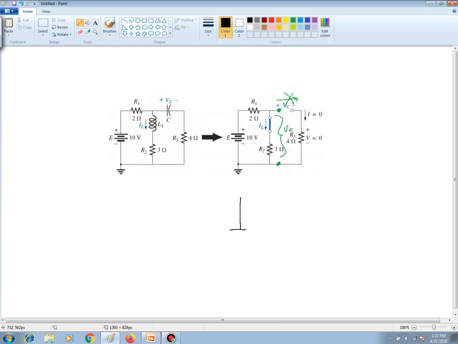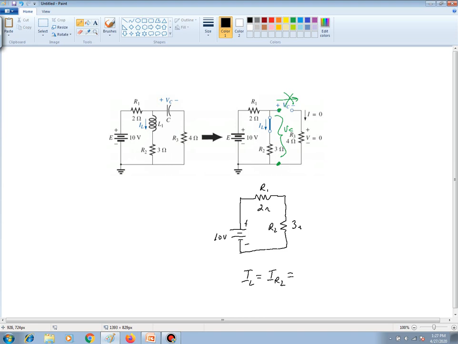We have our voltage source here, that's 10 volts, a resistance of 2 ohms, and R2, which is 3 ohms. This is R2, and this is R1. We want to know the current flowing through R2, because that's I sub L. So we can state here that I sub L is equal to the current through R2.